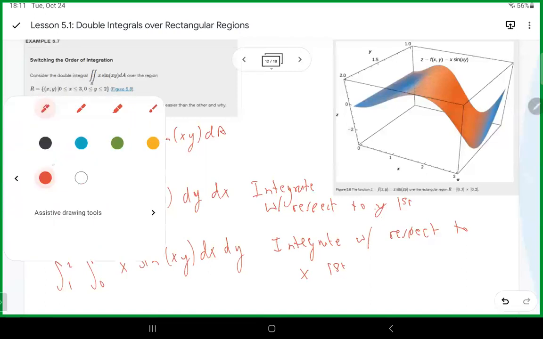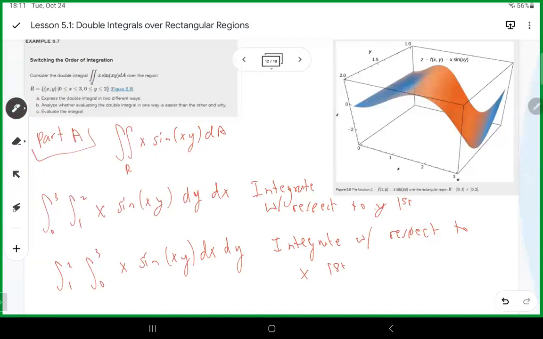So I'll just write this off the side. It's technically towards part B, but I'm just not ready to go there yet.